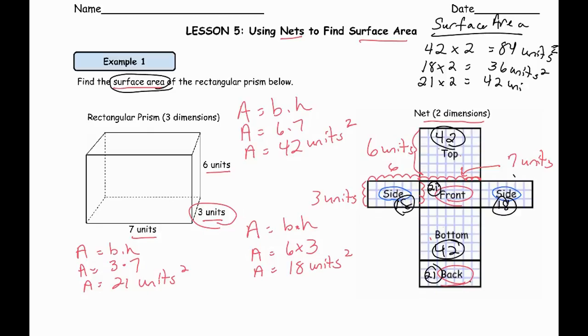Now all we have to do is add up these three numbers and we will have our surface area. As we add them up, we can see that this adds up to 162 units squared. And so now you know how to use a net to help us find the surface area of this rectangular prism.